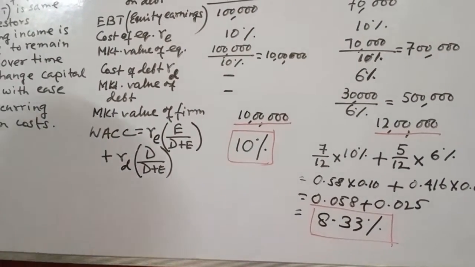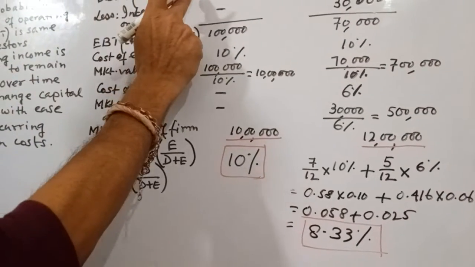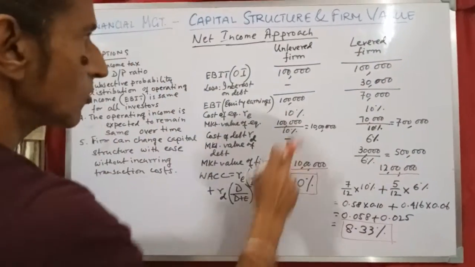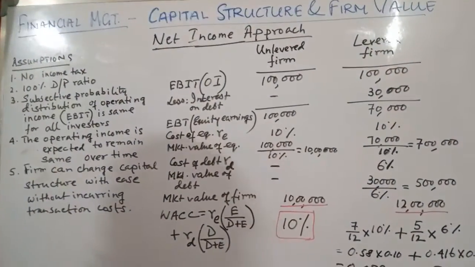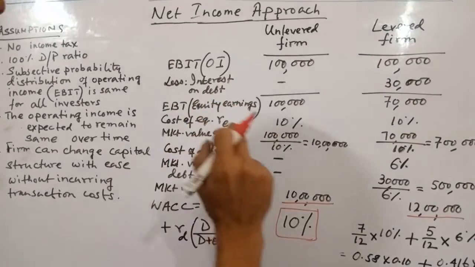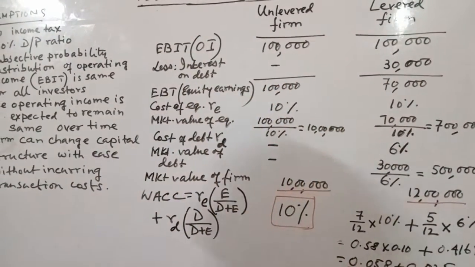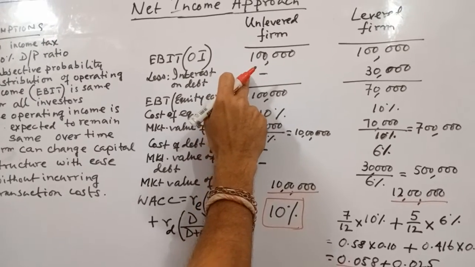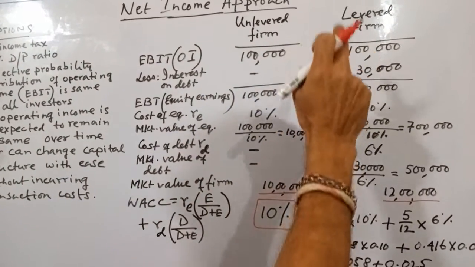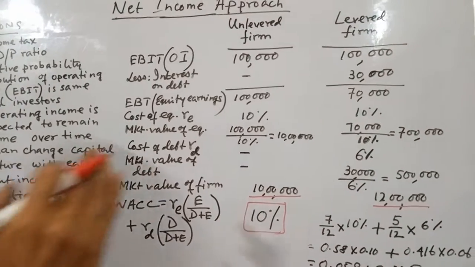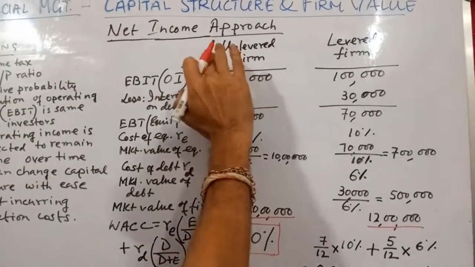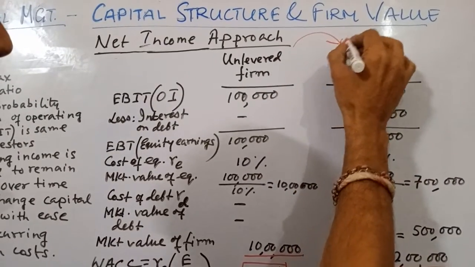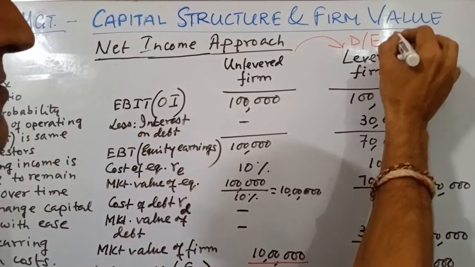So we have seen operating income or EBIT remains same for both the firms, cost of equity same, and unlevered firm has no debt and levered firm has a debt. That means the D ratio is increasing from unlevered firm to levered firm.